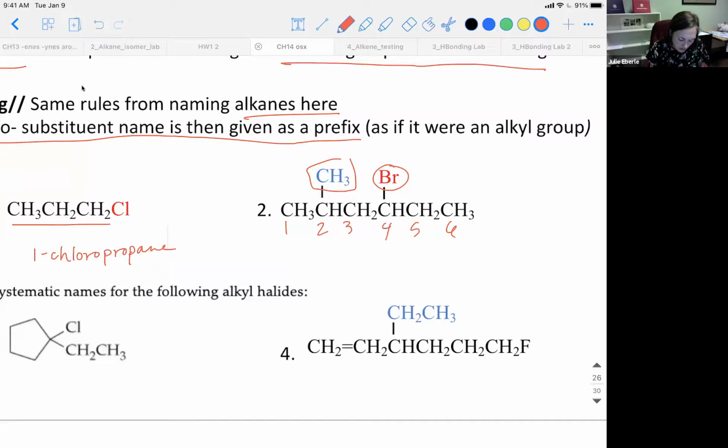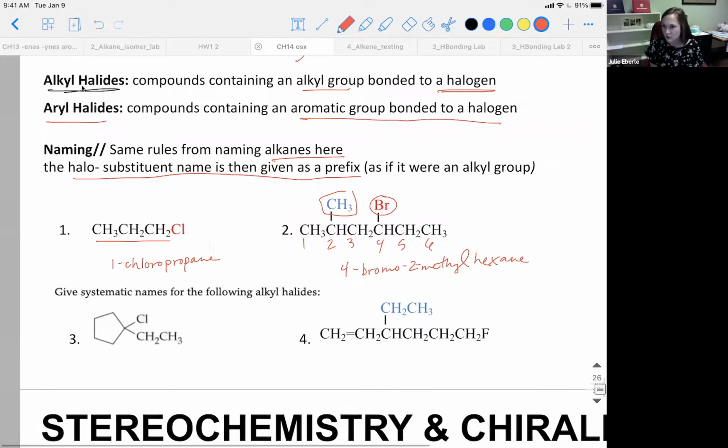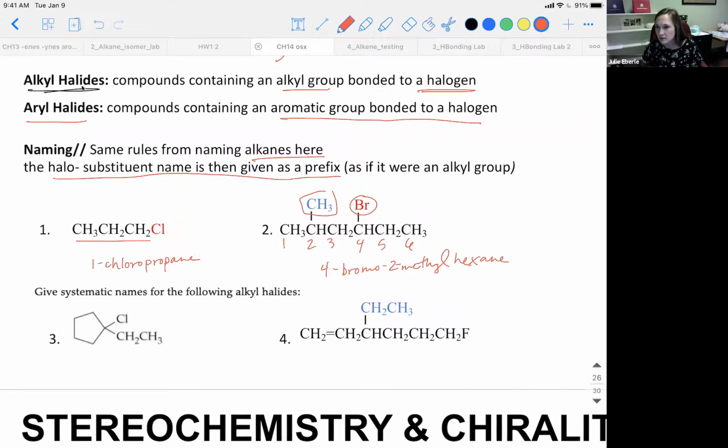So this would be, if we're going alphabetically, 4-bromo, and then 2-methyl, and then hexane. Okay, so it should feel very much like naming alkanes. I'm gonna let you guys do these 3 and 4 as practice problems so that we can move on.